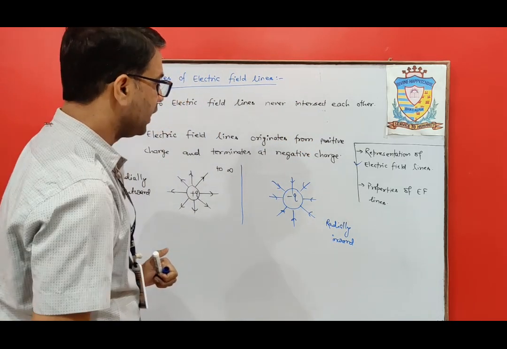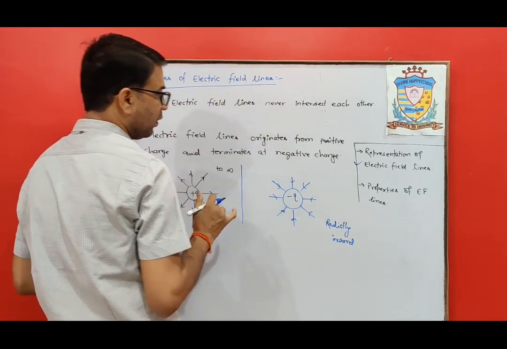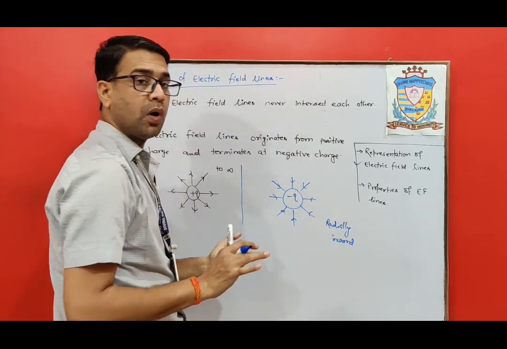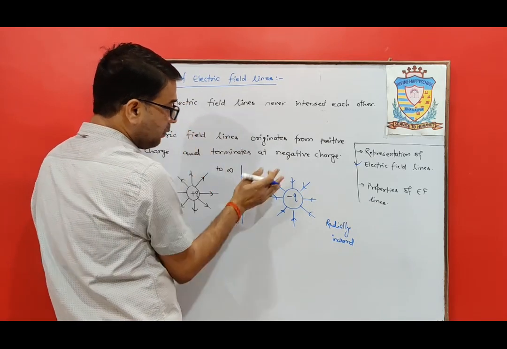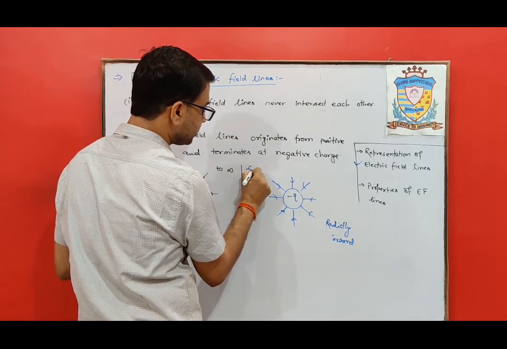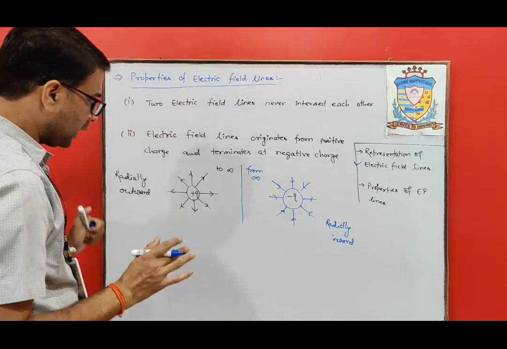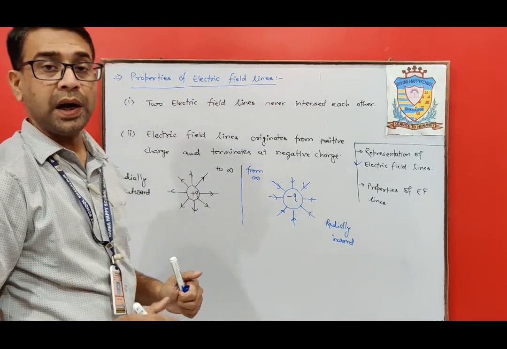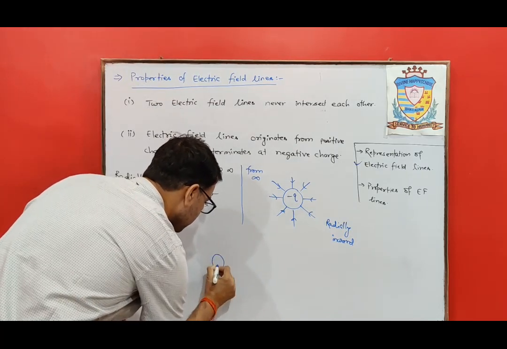Clear? Radially inward. And if no other charges are present, then these lines will come from infinity.